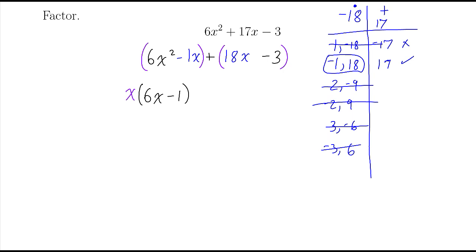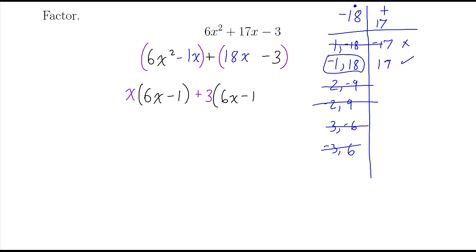Well, both of those are divisible by positive 3. If I divide out that positive 3, 18x divided by 3 will give me 6x. And negative 3 divided by 3 will give me negative 1.